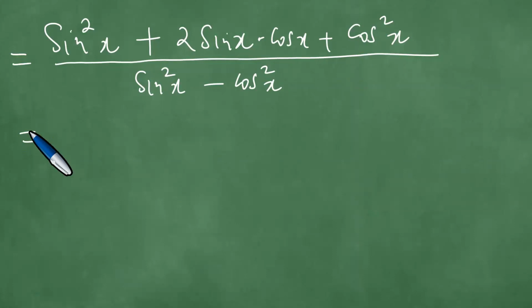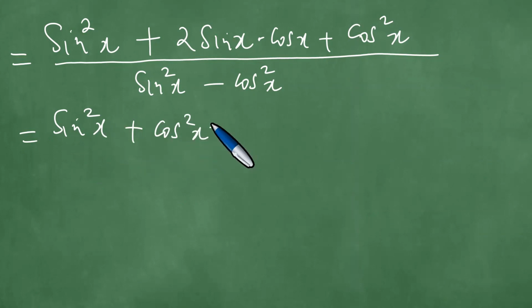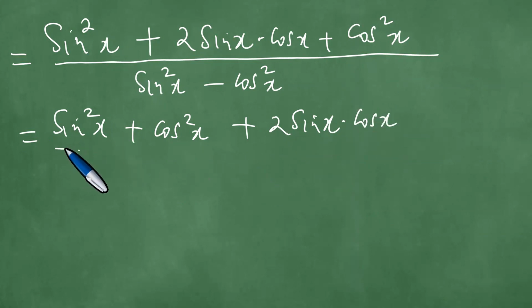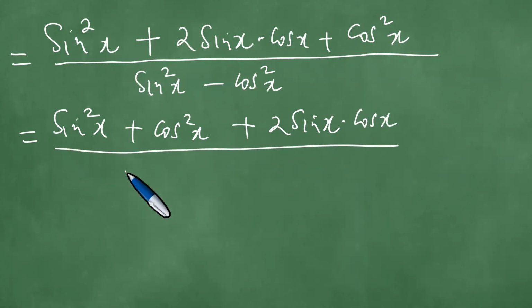We should factorize. We can group like terms: sine squared plus cosine squared, then we have 2 sine x times cosine x, and we divide by sine squared minus cosine squared.